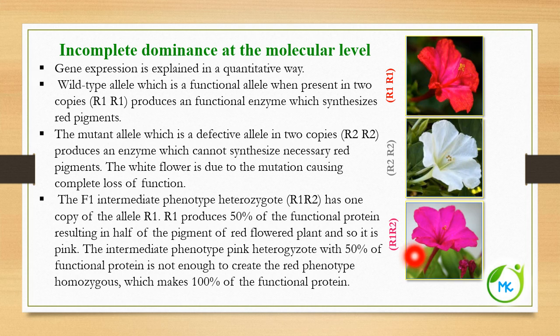So only 50% of the functional protein is present. The pigment of the red flowered plant, that is 50%, is not sufficient to make the flower color red. So the flower color obtained was only pink, which is an intermediate phenotype in the heterozygote.